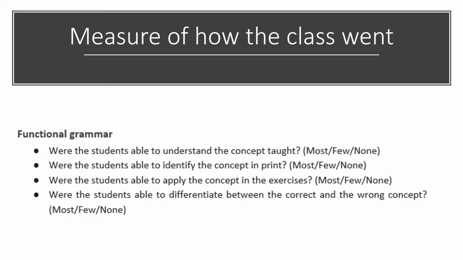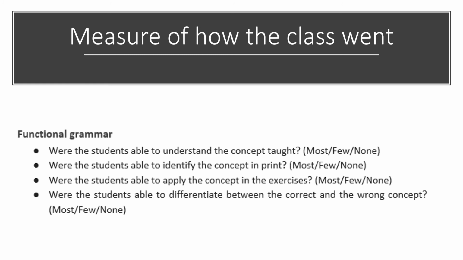Were the students able to understand the concept taught? Were the students able to identify the concept in print? Were they able to apply the concept to do the practice exercises and differentiate between the correct and the wrong concept? Now, if most of the children in your class were able to achieve this, that means that concept is clear.